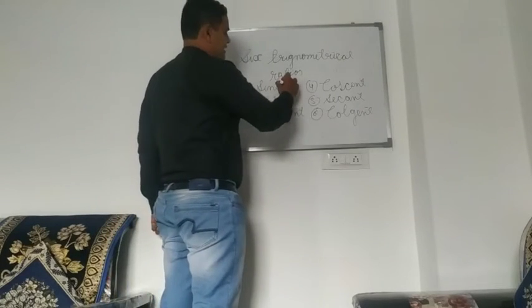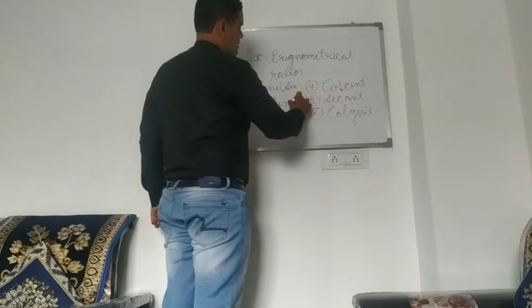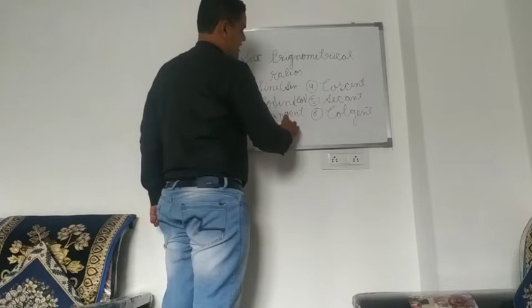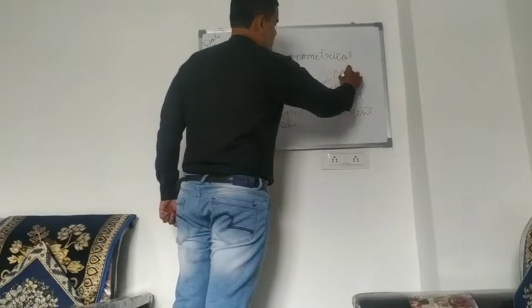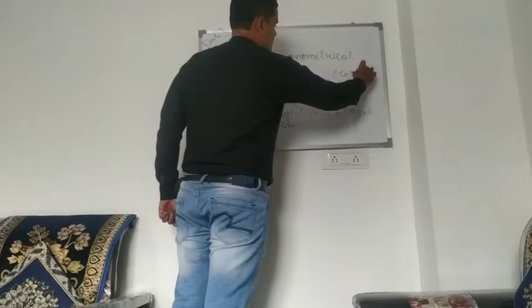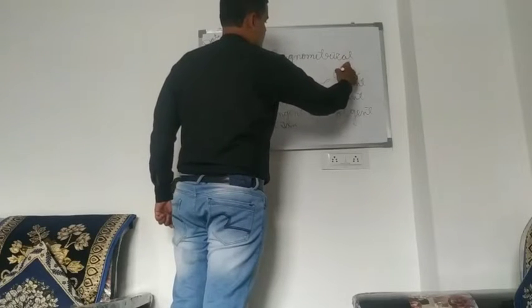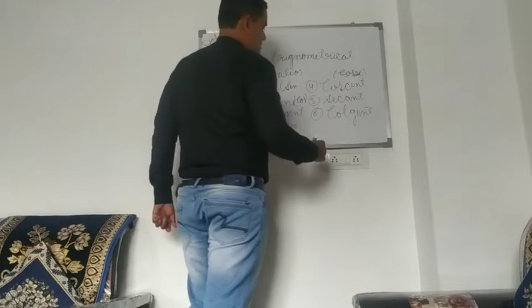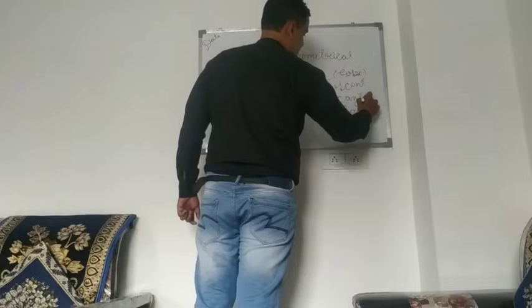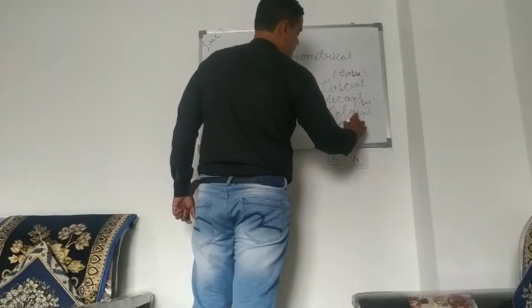We can abbreviate them: sine as sin, cosine as cos, tangent as tan, cosecant as cosec, secant as sec, and cotangent as cot.